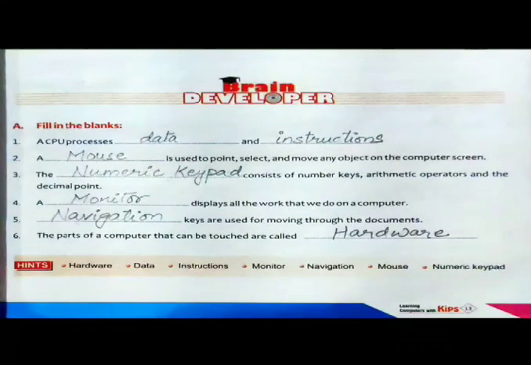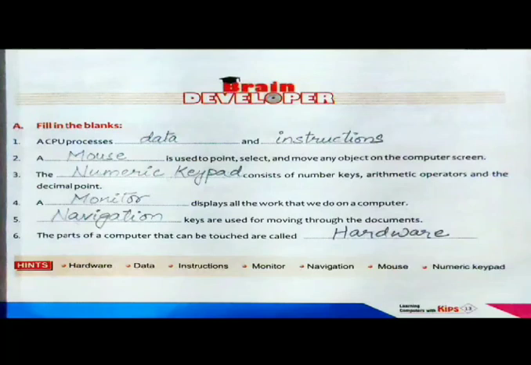Now, let's do the exercise. Page number 13. Fill in the blanks. A CPU processes data and instructions. Second, a mouse is used to point, select, and move any object on the computer screen.